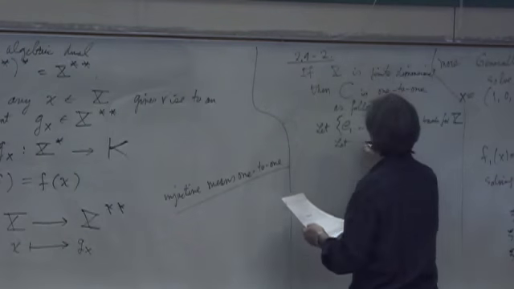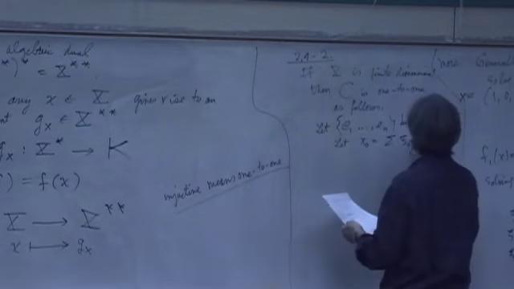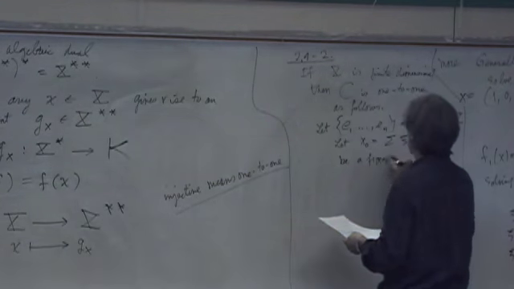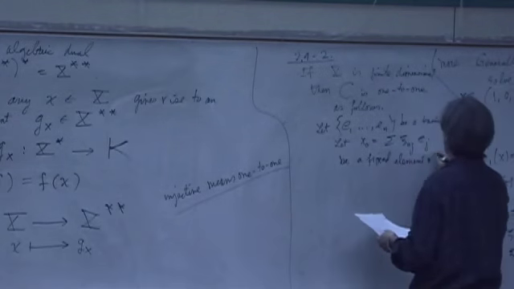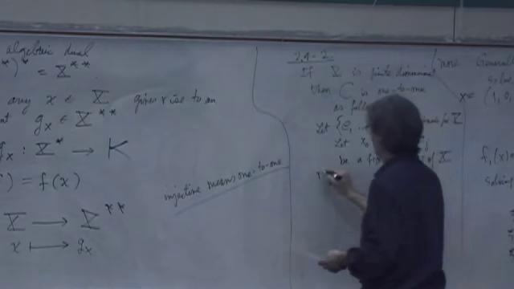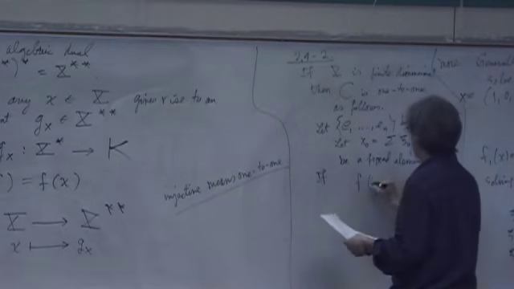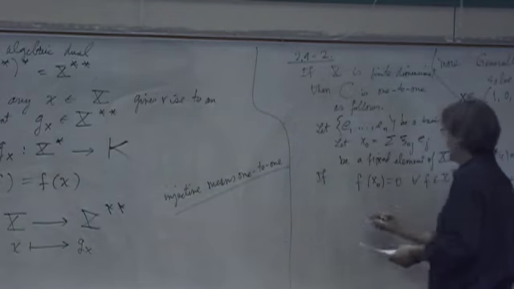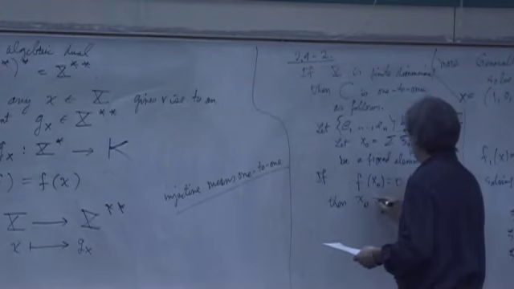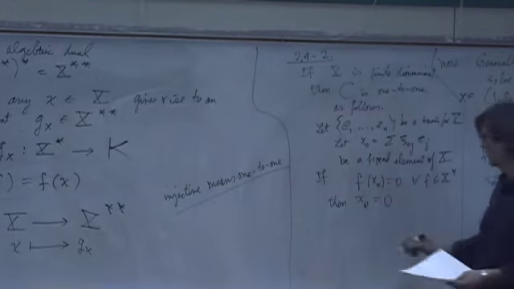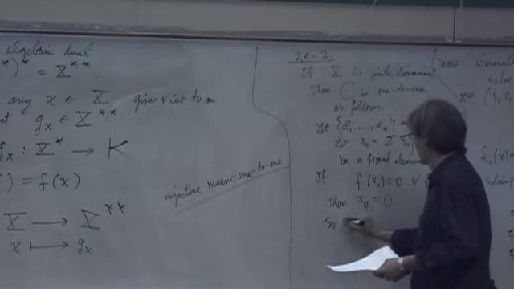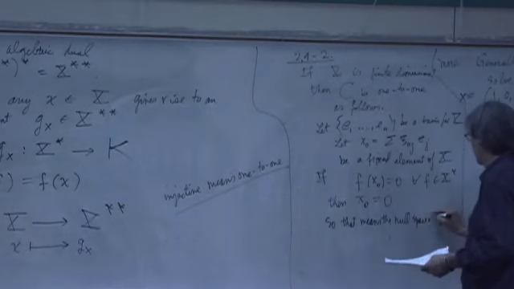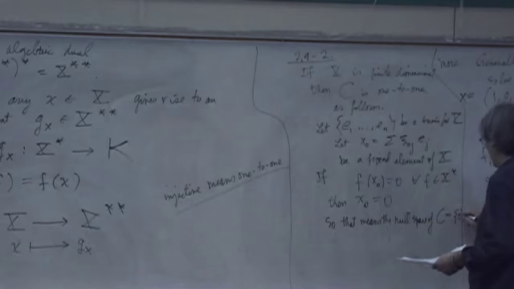and let x0 equals summation c0j ej be a fixed element of x. If f of x0 equals 0 for every f in the dual x star, then in fact x0 must equal 0. So that means the null space of C equals the 0.